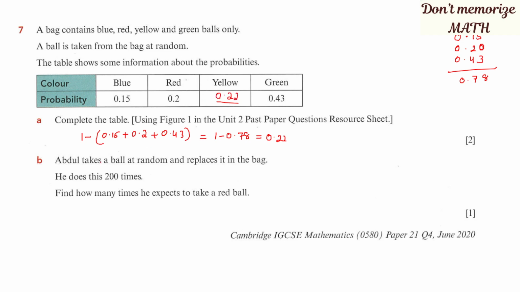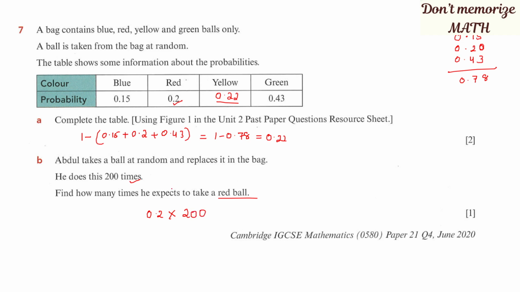Then Abdul takes a ball at random and replaces it in the bag. He does this 200 times. Find how many times he is expected to take a red ball. When he takes the red ball, the probability is 0.2. How many times is he repeating? He is repeating 200 times.